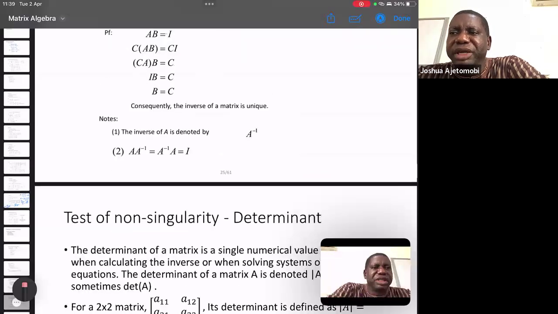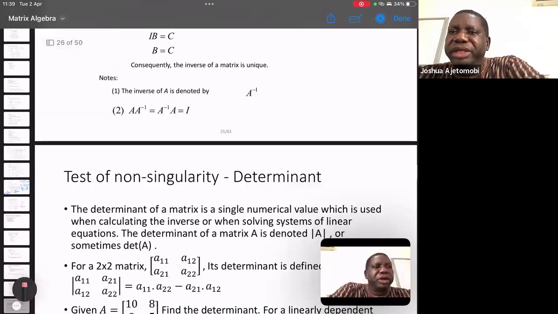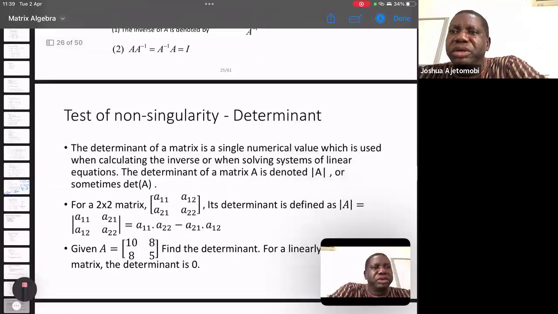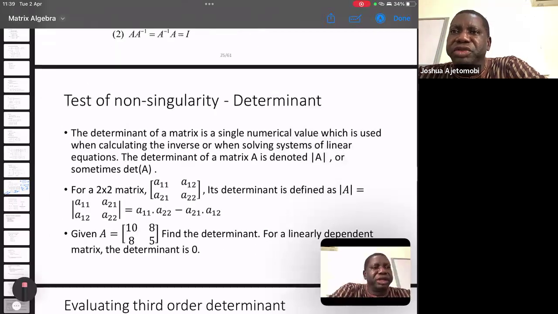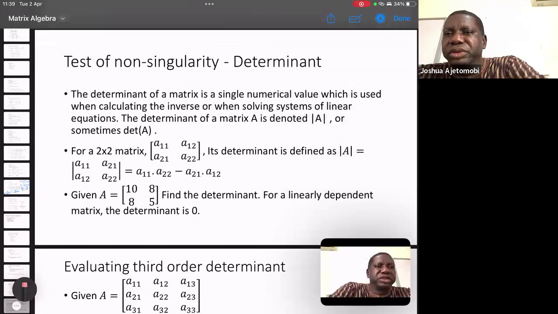So in essence, just like what I said, if you multiply a matrix with its inverse, definitely you will get an identity matrix. But before we go into details of how to compute the inverse of the matrix, we need to understand a term that is determinants.